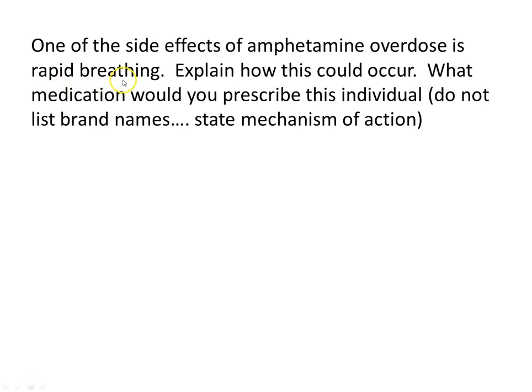Breathing rate is controlled by different muscle types, one of which is the diaphragm. Yes? So if I can control the speed of the contraction rate of the diaphragm, that'll allow me to breathe faster or slower. That means my diaphragm is contracting and relaxing at a very rapid rate. So explain how this could occur, and then what medication would you prescribe this individual to counter this rapid breathing?